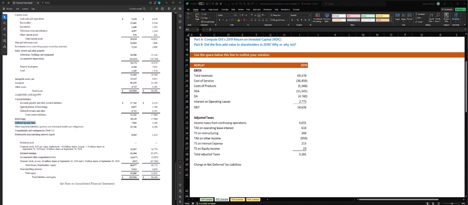It's all in the long-term portion. Sometimes it's somewhere else, so you want to look deeper and try to incorporate it. But for this example, I'm just gonna incorporate this.